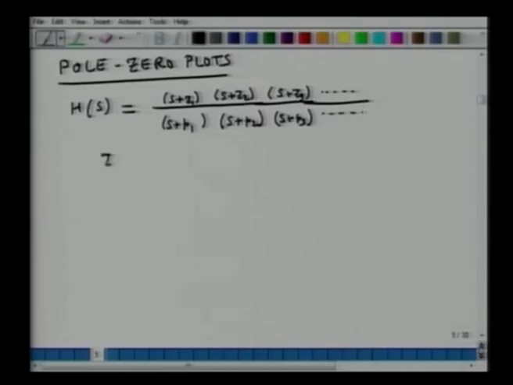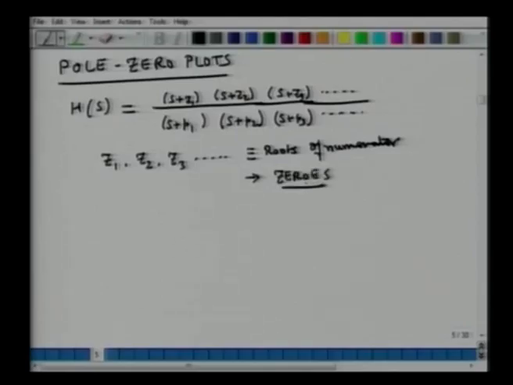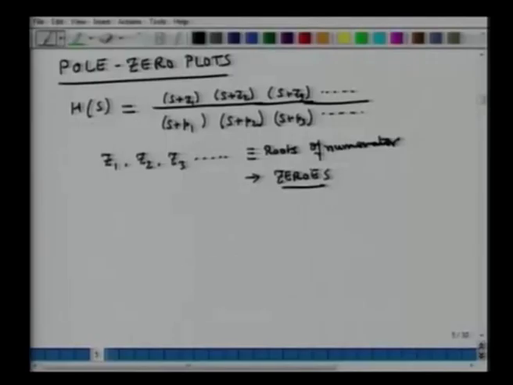So, here Z1, Z2, Z3 are roots of the numerator, and they are called zeros. They are called zeros because at S equals Z1, Z2, Z3, the transfer function goes to an identically zero value.